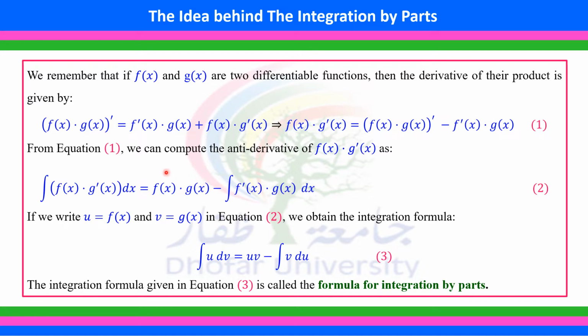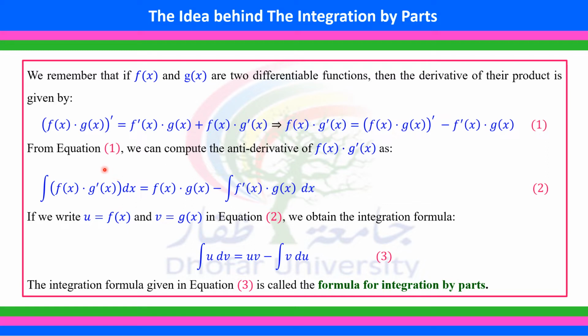So the core idea behind integration by parts is to simplify this integral by first noticing that the integrand function is expressed as a multiplication of two functions. The first function is differentiable, so we can compute its derivative.